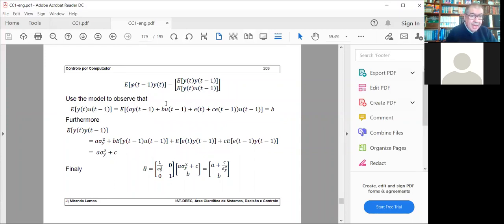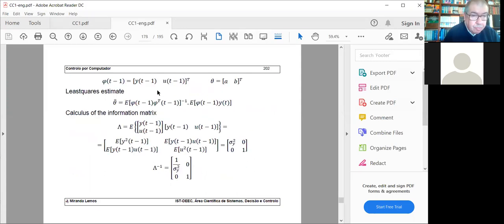Now, I have to compute this other term, phi of t minus 1 times y of t. Remember that this first part is this matrix, and now I have to compute this other term here.